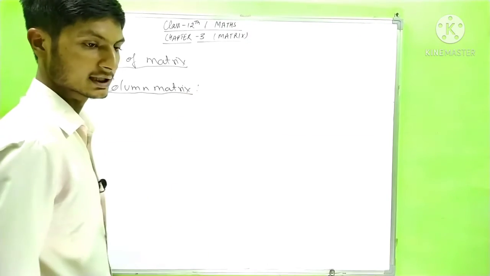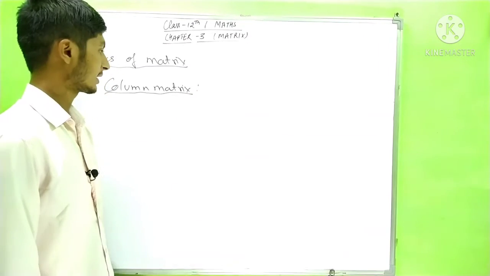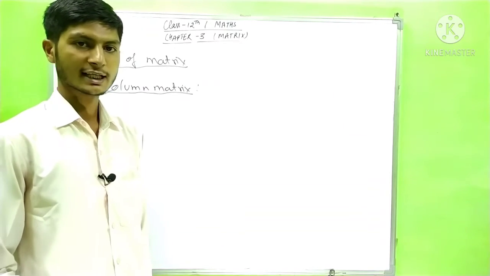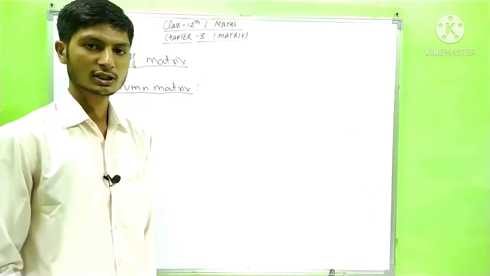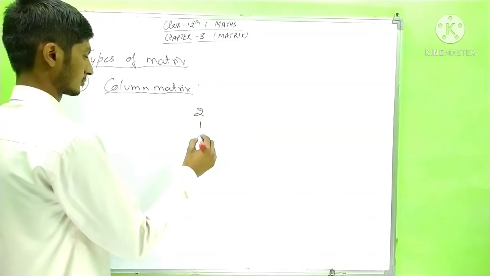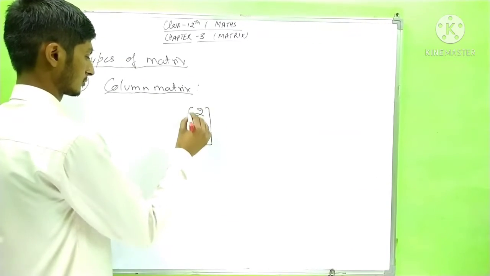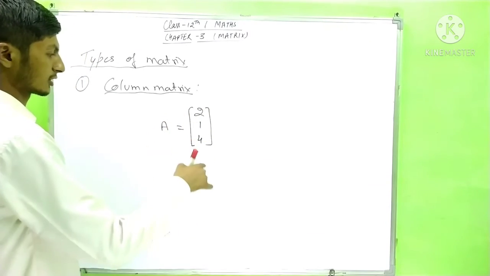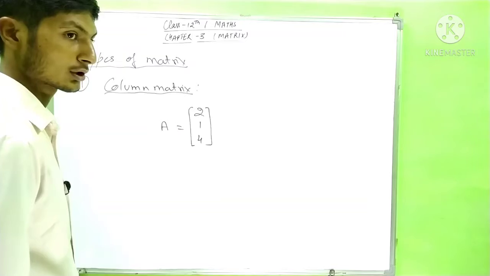So what is a column matrix? A matrix is said to be a column matrix if it has only one column. For example, this matrix has only one column. So this is called a column matrix.